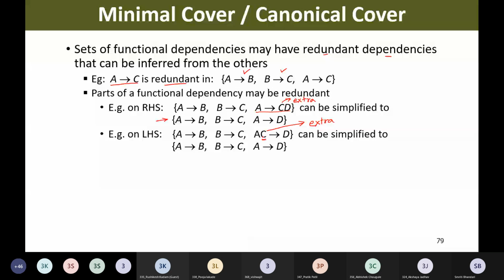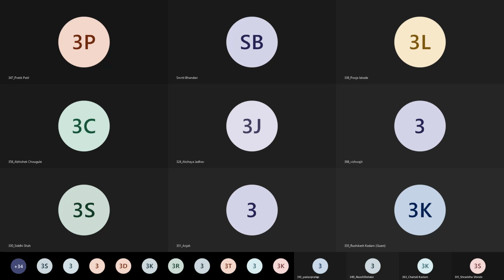So it is possible to omit this attribute, and even though we omit it, by making use of the simplified set of dependencies it is possible for us to infer AC to D. That is why it is not necessary to have this attribute in the functional dependency.